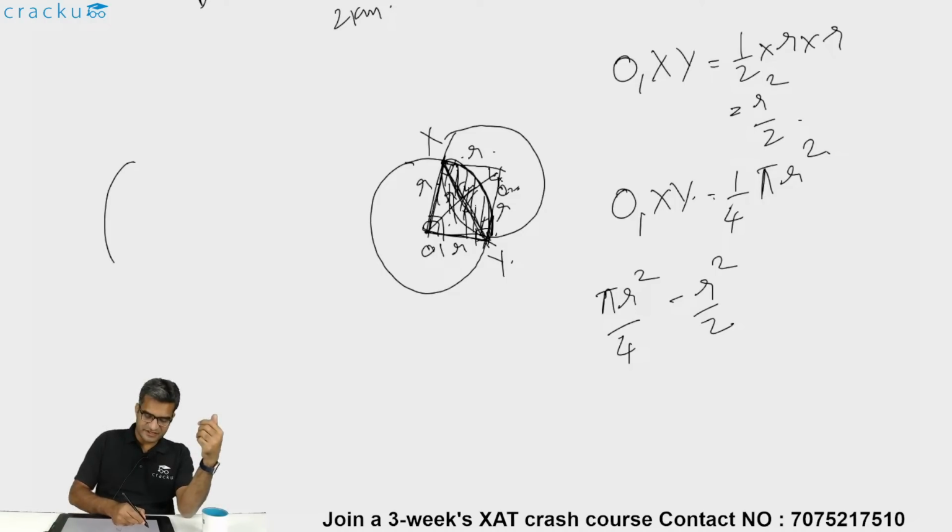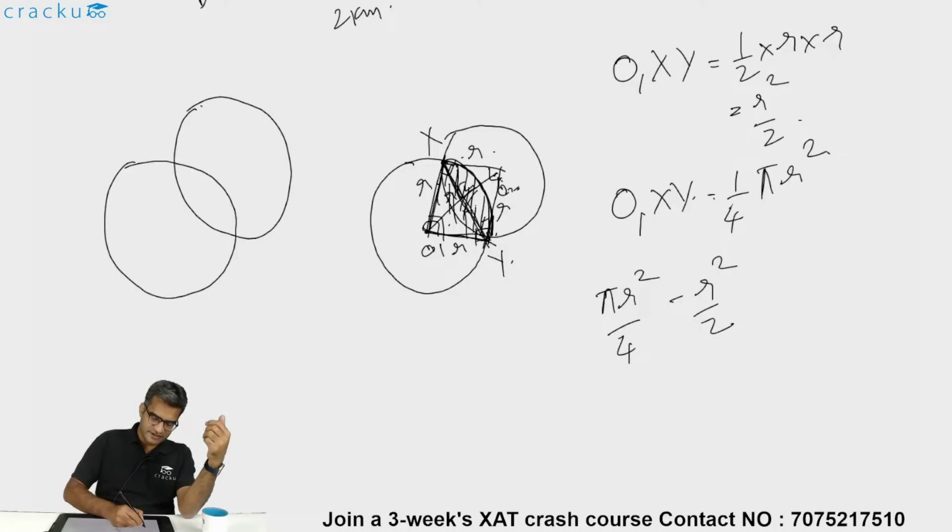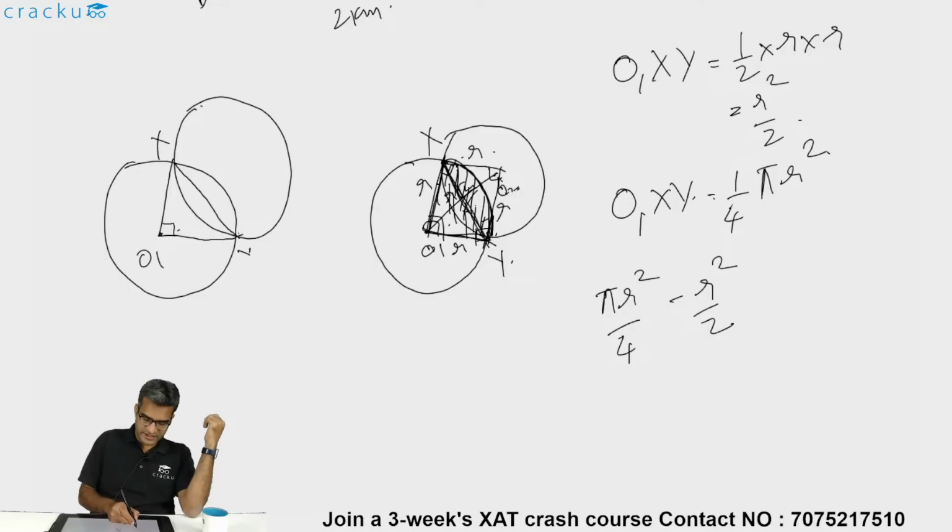So essentially we are saying that you have a circle like this, you have another circle like this. You are first calculating that this angle over here is 90 degrees. So from that, you are calculating the area of the triangle. The area of this triangle, this is O1XY, is R square by 2.